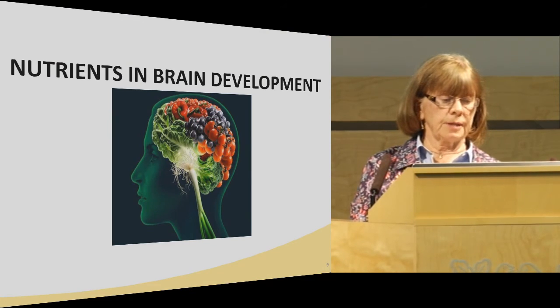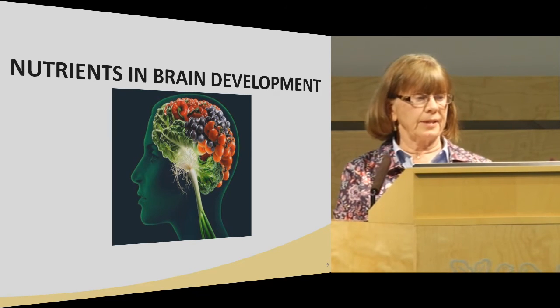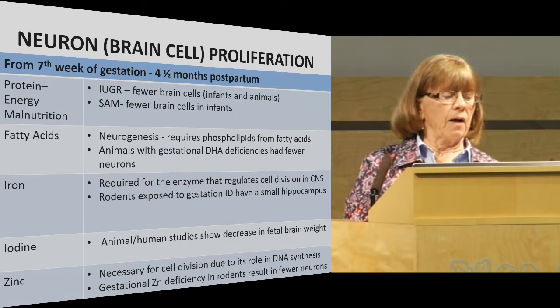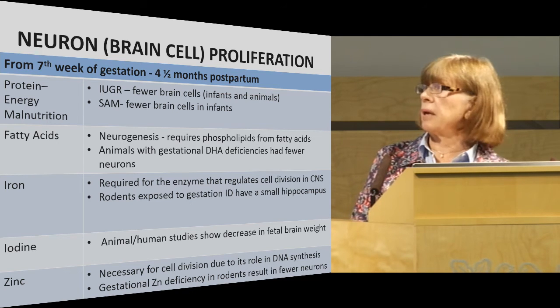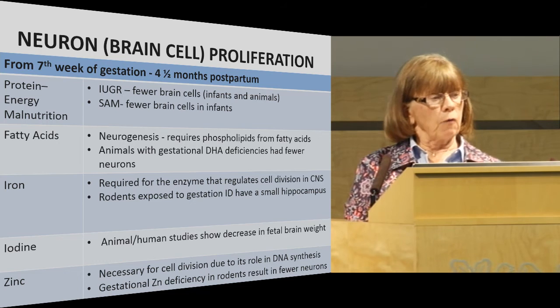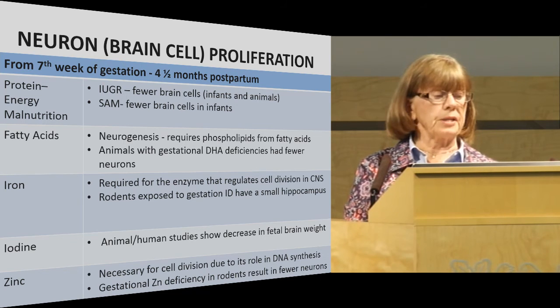not only the first 1,000 days. So we're going to talk a bit about the nutrients and how they're related to early brain development. We'll go through this fairly quickly. This is some evidence, much of it coming from animal research, and it shows us how various nutrients are related to early brain development.